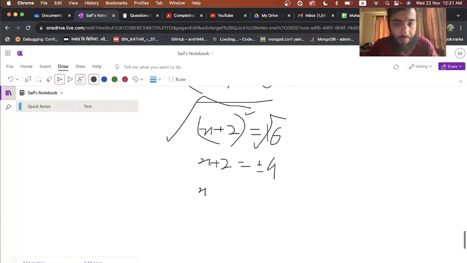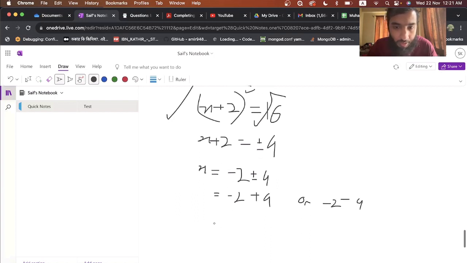So x is minus 2 plus minus 4. So plus minus 4 can be represented as either minus 2 plus 4 or minus 2 minus 4. So the value is either 2 or minus 6. So this is the value of x.